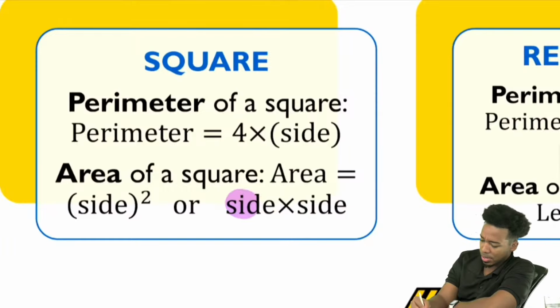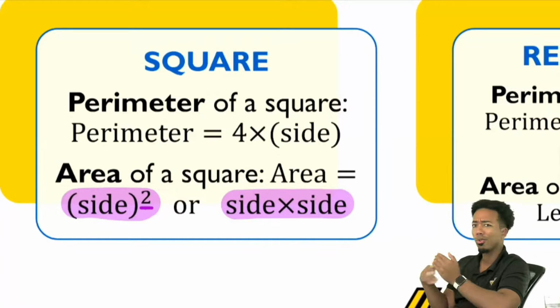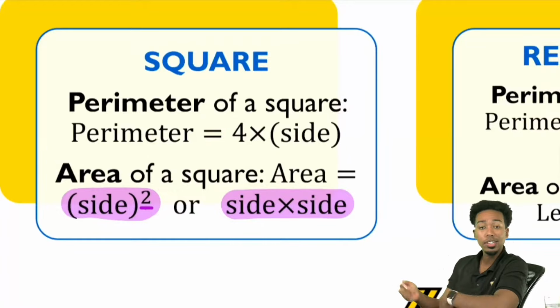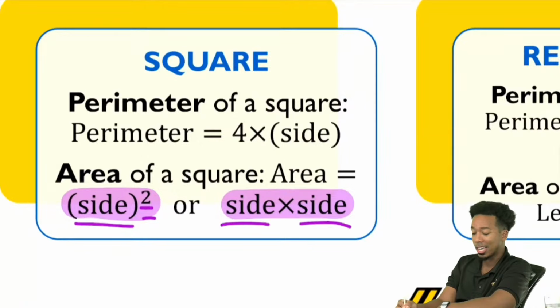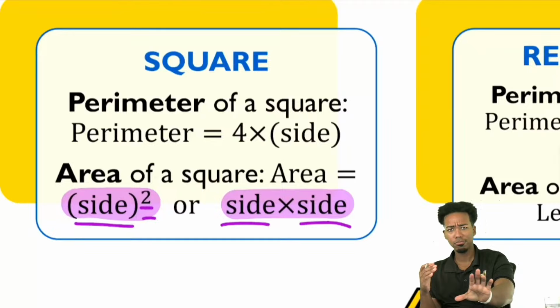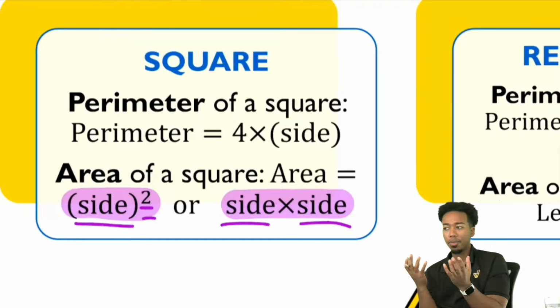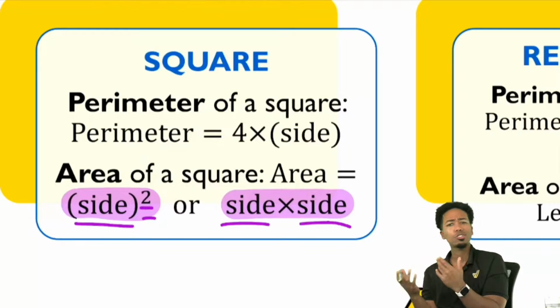Multiplying the side times the side is the same thing as saying side squared. Remember, everybody, when you have an exponent of 2, that just means multiply that same number by itself. So if I'm saying side squared, same thing as just saying side times side. I'm going to use those interchangeably today. Just pay attention. You're good. But I'm going to use those two ways of looking at it interchangeably throughout the class.